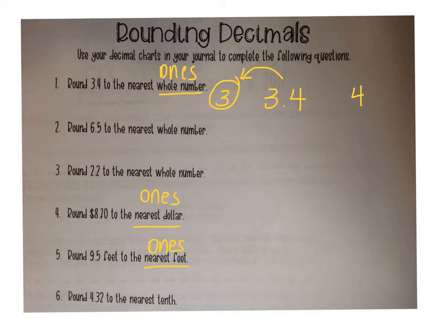Now number 6 says round to the nearest tenth. So if I have 4 32/100ths, my lower number that it could round to would be 4 3/10, and my higher number would be 4 4/10.